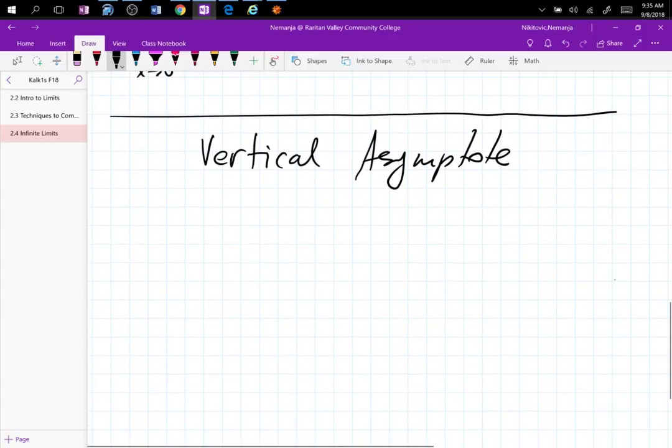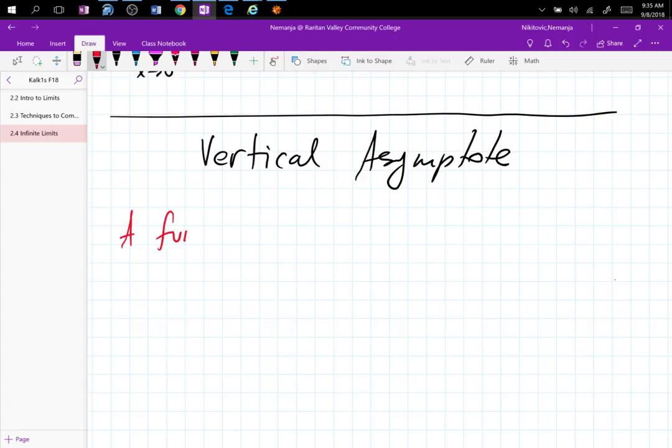Now we are going to write the definition for the vertical asymptote, and then we are going to correct and improve on some things that you learned in your pre-calculus course, because now with more powerful tools, you can be more precise and more careful with your answers and analysis of functions. So let's go.